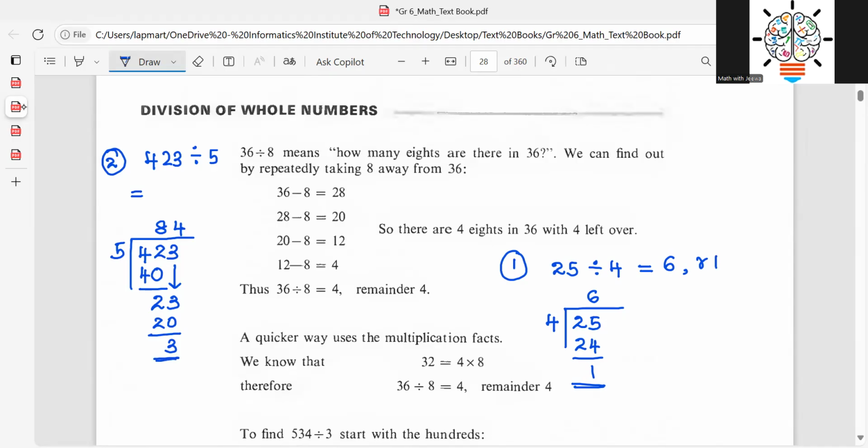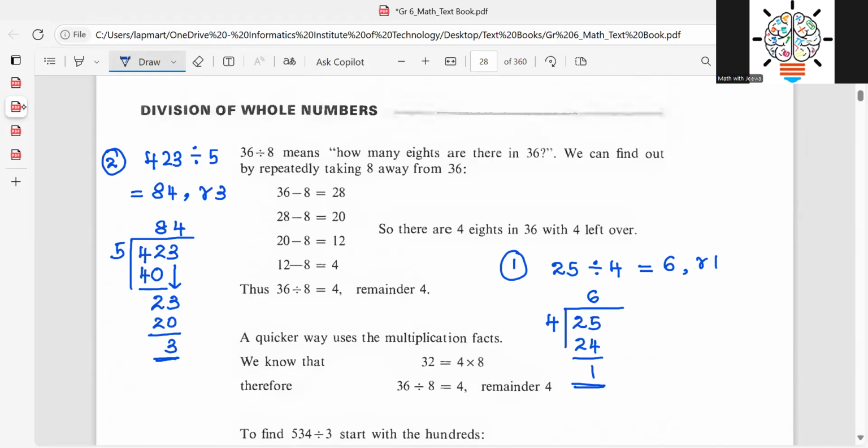Okay, so then how are we going to write it? 84, remainder 3. So you first do the division and you write what your remainder is. So these are the two examples I can show you.